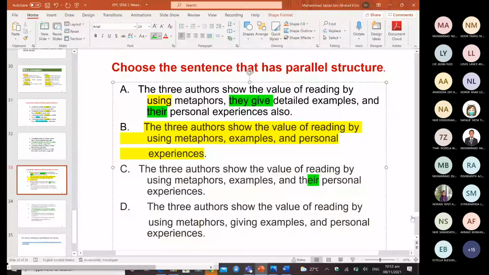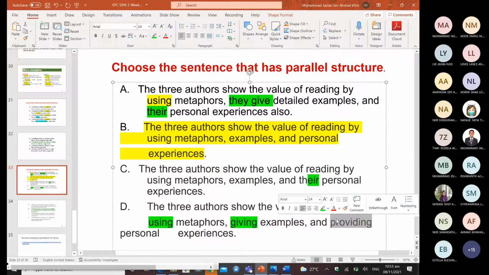And for the last one, you see here, the word "using" is included, "giving" is there, but the last one doesn't have a gerund, G-E-R-U-N-D. Maybe it would have been correct if the author wrote "providing personal experiences." So just by adding this word, it can be parallelism.